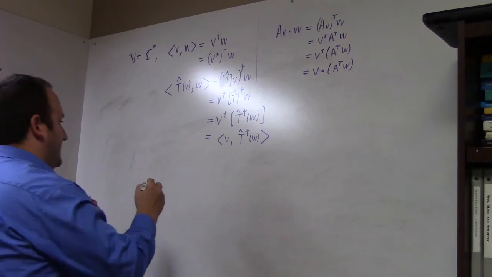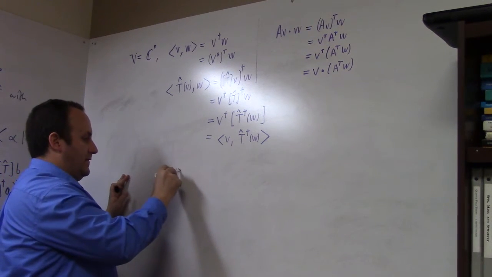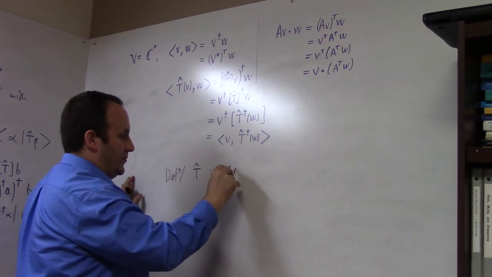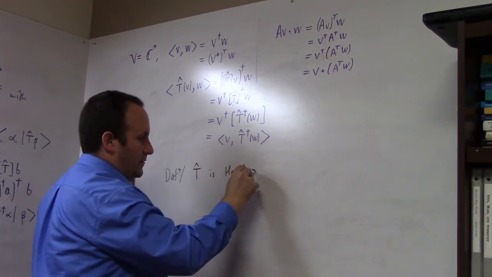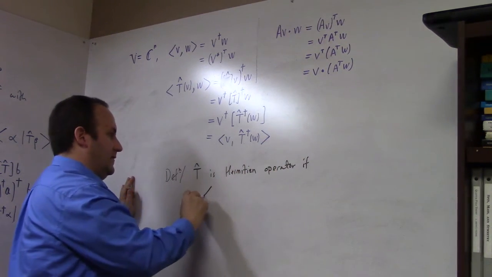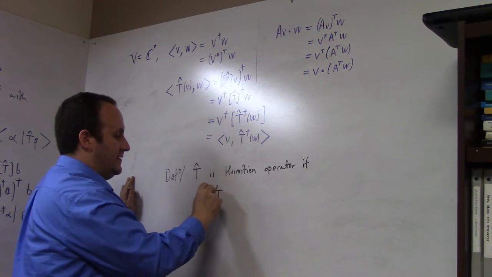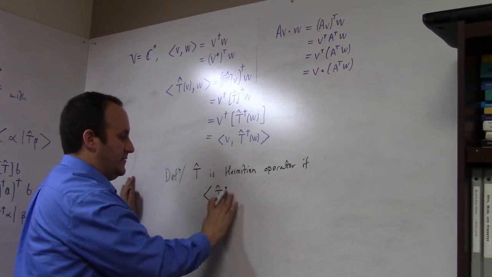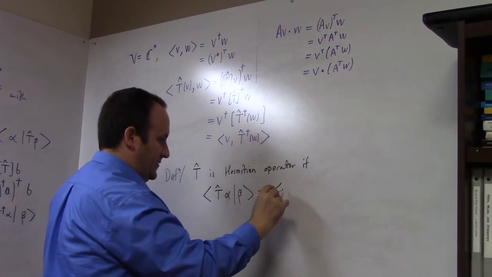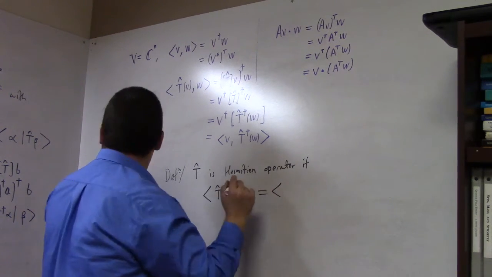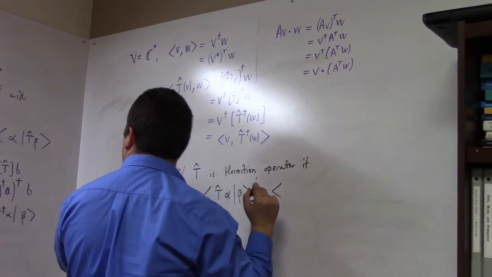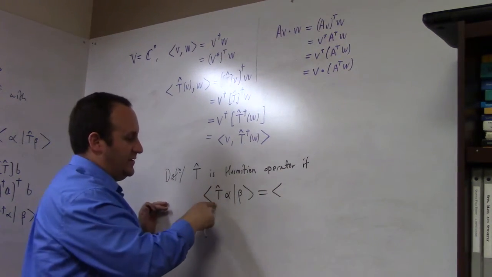So basically he says, definition: T is a Hermitian operator if the inner product of T alpha with beta is equal to... well, anyway, this is what the definition should be.